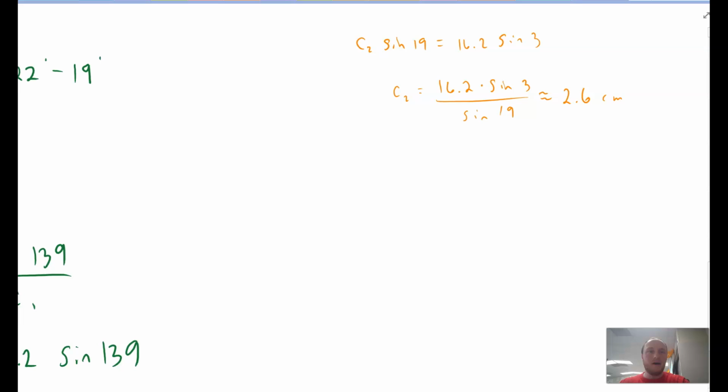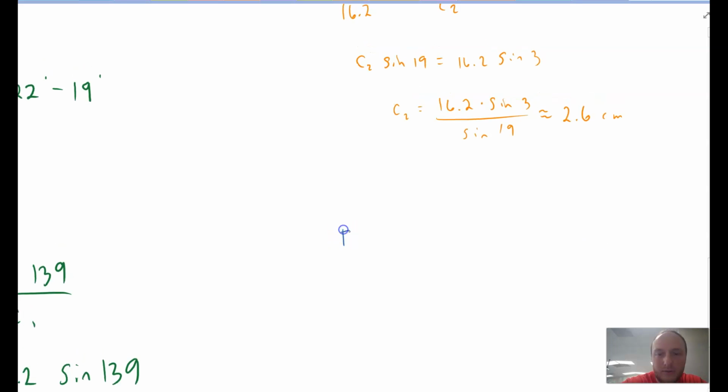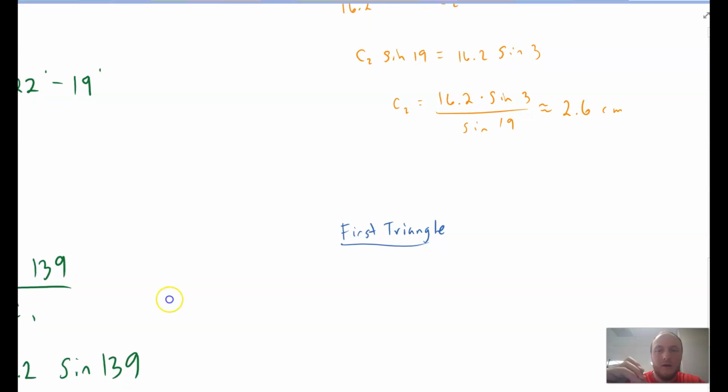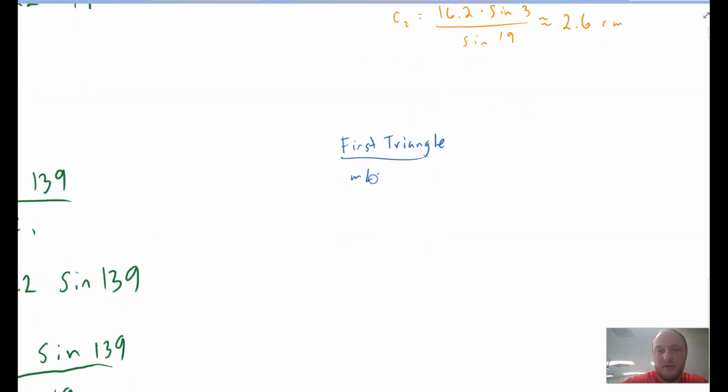We're done. Do we stop there? Well, yes and no. What you need to do is summarize your information. So, first triangle: I knew that the measurement of angle B was approximately 22 degrees.